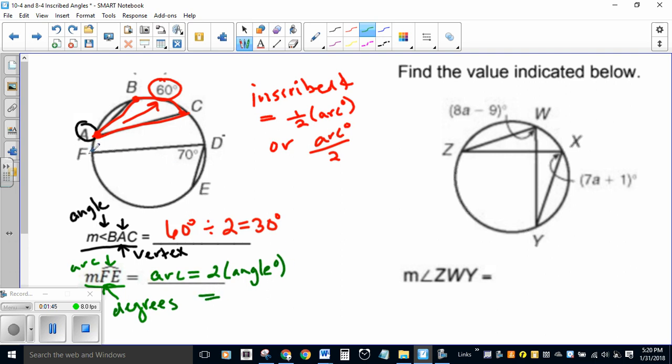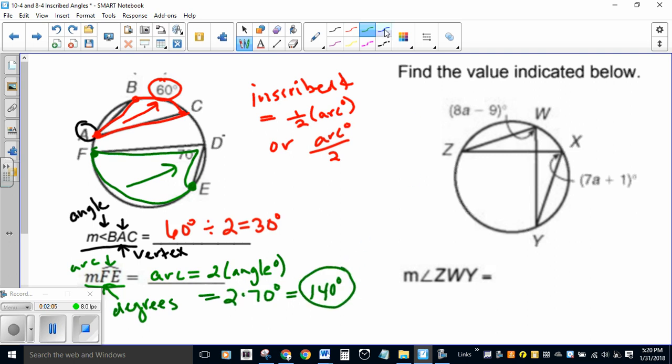So arc FE starts at F and goes the shortest distance around to get to E. So we're talking about this angle right here. So it's the 70 degrees, so we have 2 times 70 degrees, which means our arc is 140 degrees.